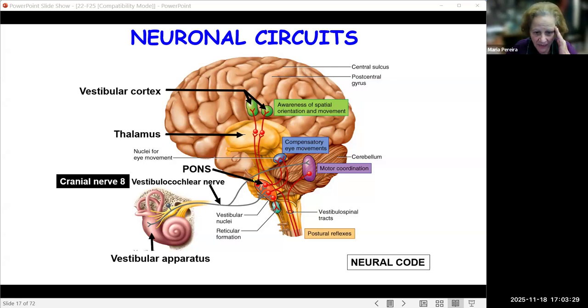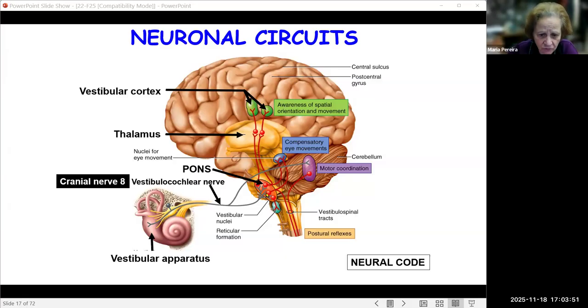So some of this electrical current that is initiated by a sound wave is going to be conducted to the cerebellum. Some of it is going to be conducted to the pons. This is the hindbrain, this area here, the pons.